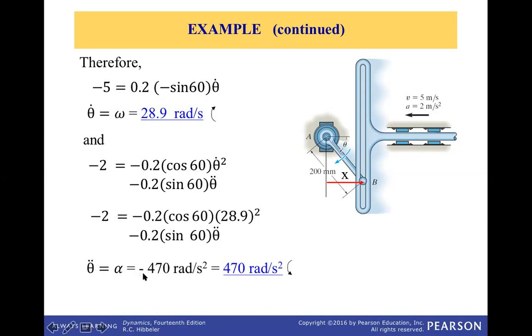The negative sign says this is going to be in the counterclockwise direction, because clockwise is assumed to be positive here. Usual convention is counterclockwise as positive and clockwise as negative, but in this problem you can do it the other way around. It could be arbitrary, so it doesn't really matter.